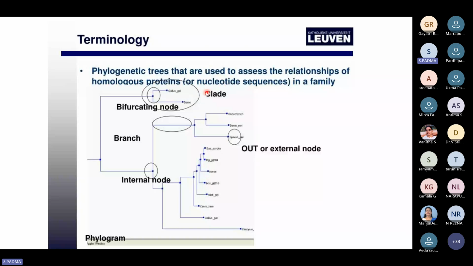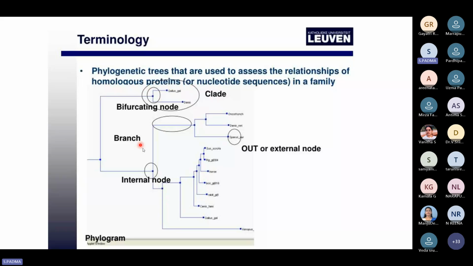We know that a node always leads to a leaf, or it comes to a branch or some other part. So in our case, the node is giving rise to these two diversified species, which is considered a clade.